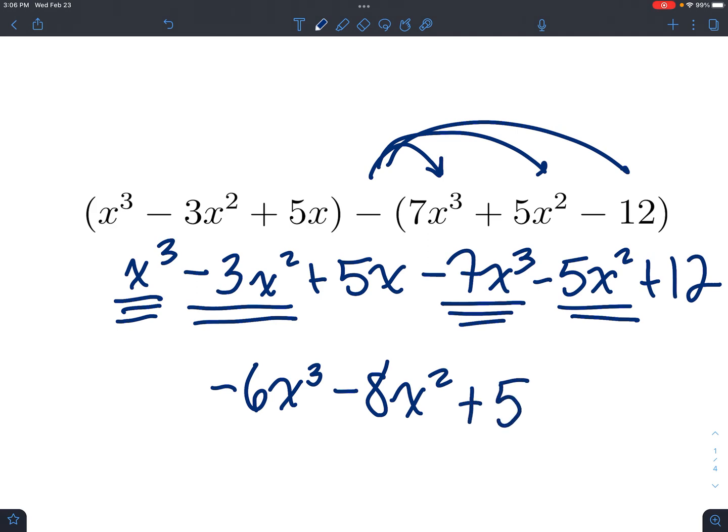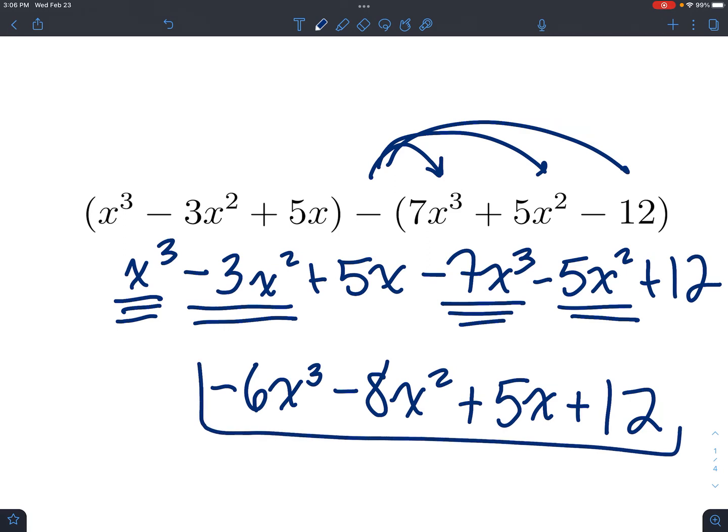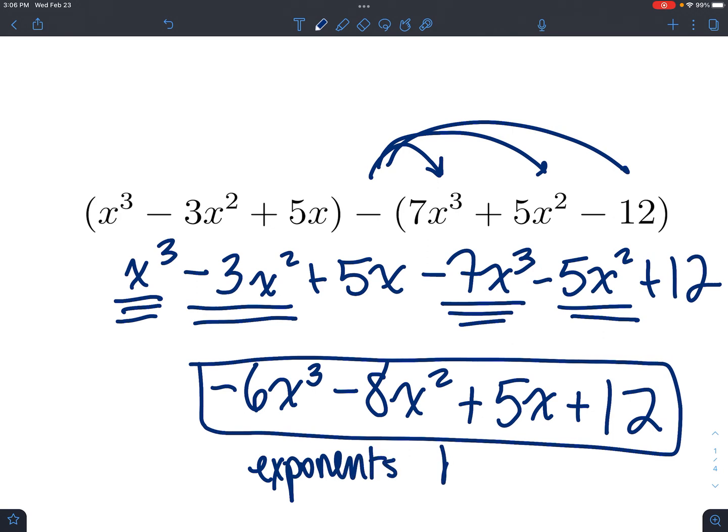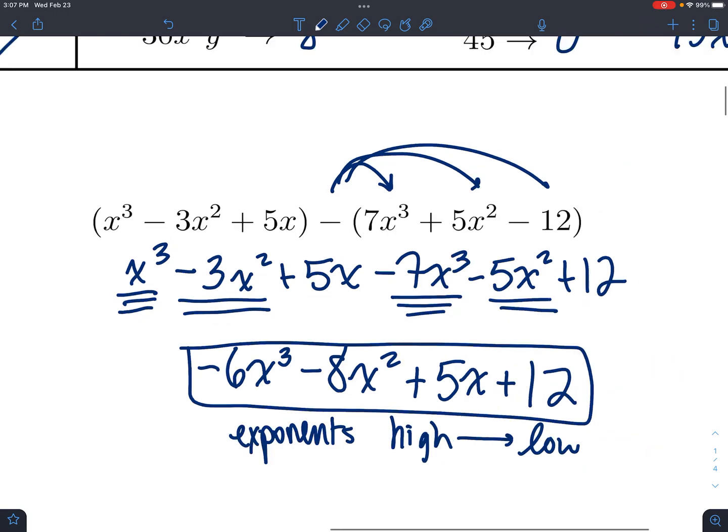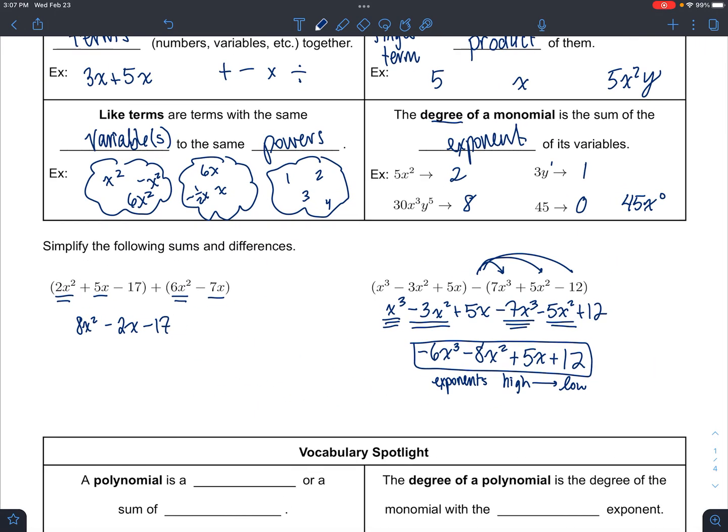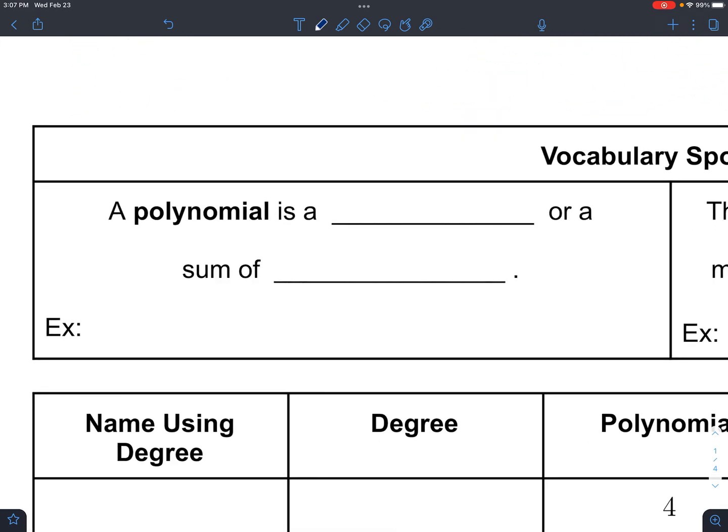And then we have single terms that don't line up with another term in the same group, or they're different groups. One thing I want you to notice here about what I did is the exponents go high to low. The biggest degrees come first. That's called standard form. So when you see that in directions, it's asking you to write the biggest terms first and then in descending order.